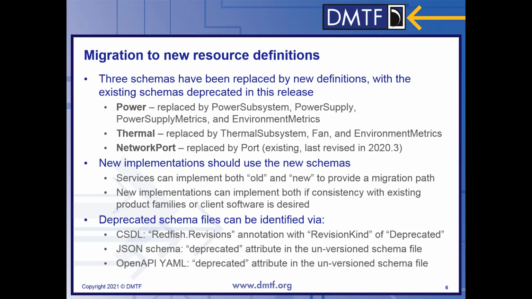The three of note here are the power schema, the thermal schema, and the network port. These have been replaced with new functionality, and in these cases, these were pieces that have been around since the original Redfish 1.0 release.